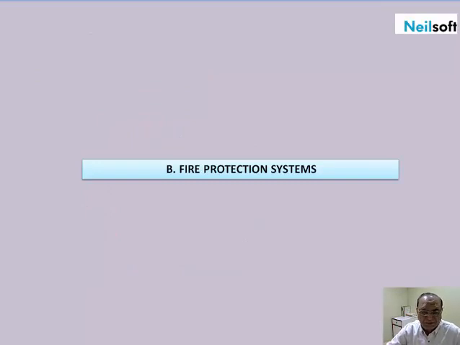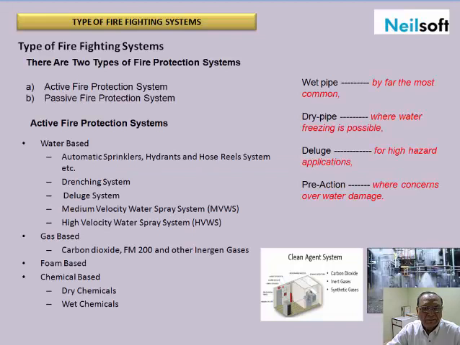Fire protection systems. This section explains what types of fire protection systems there are. We will be seeing there are two types of fire protection systems: active fire protection and passive fire protection.